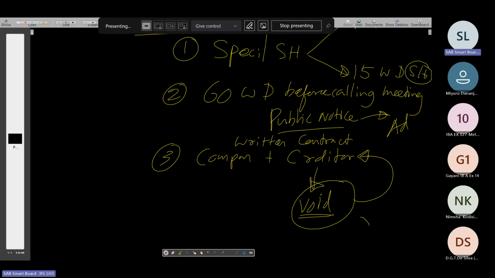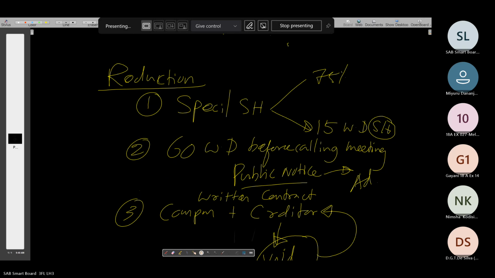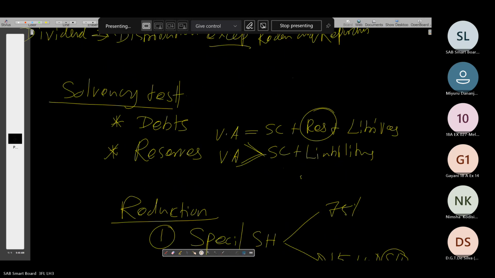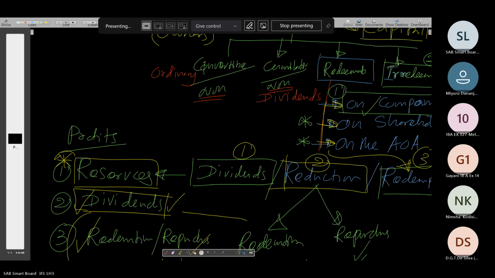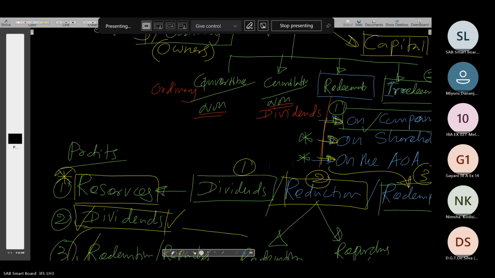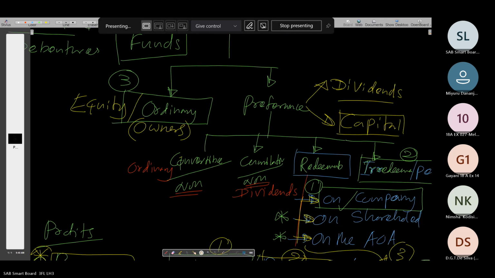Share capital will be divided into ordinary or equity shares and preference shares, like this.